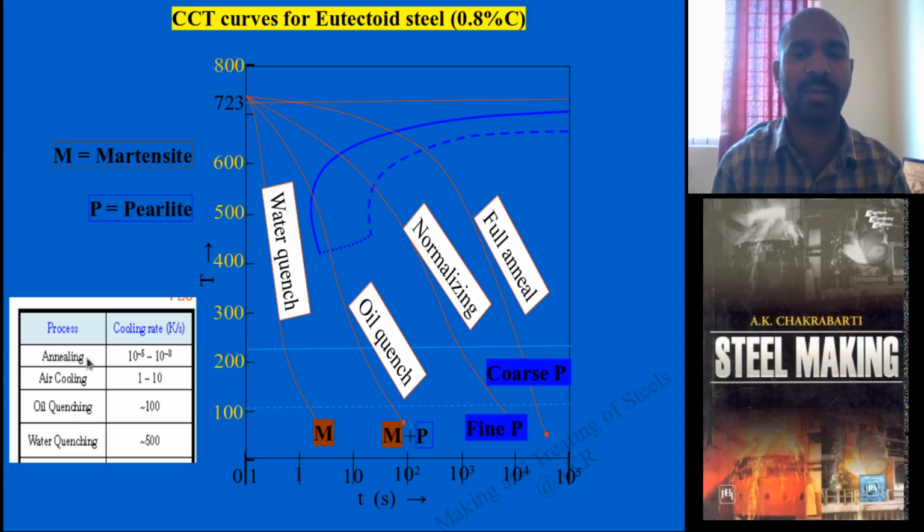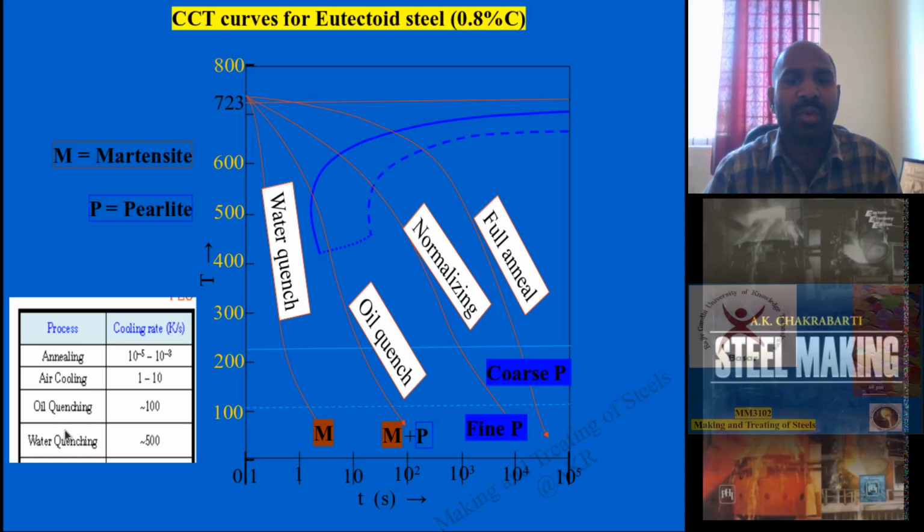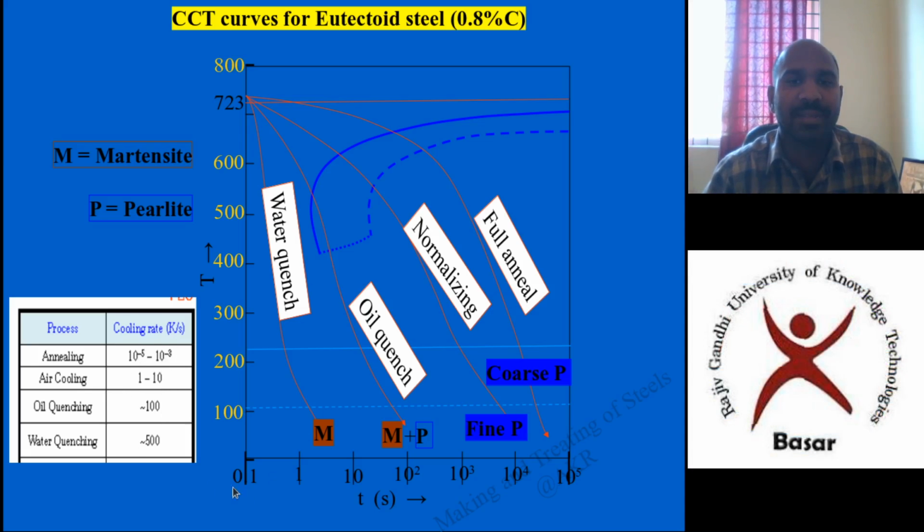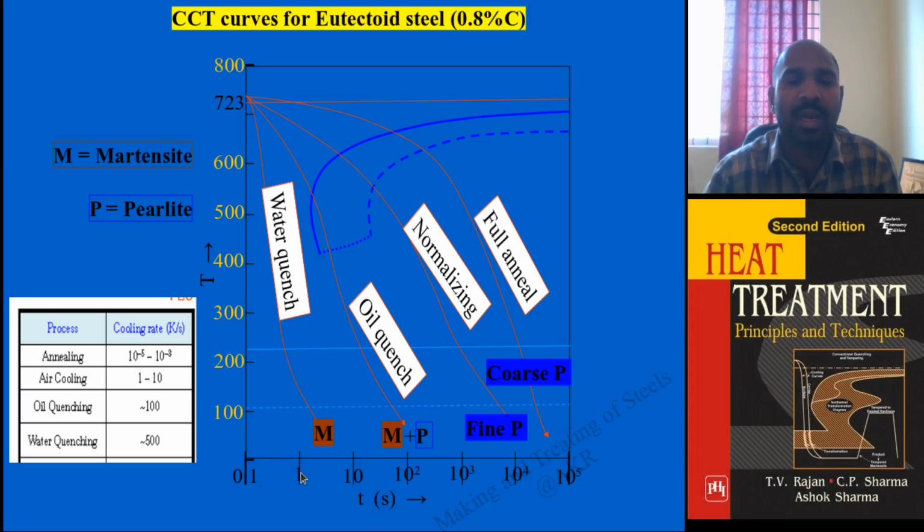It could be annealing, which is nothing but furnace cooling, air cooling, oil quenching, oil cooling, water quenching, water cooling. These standard cooling rates are achieved by an experimentally proven table, and this is the time. This is 10 to the power of minus 1. This is 10 to the power of 0. This is 10 to the power of 1. This is the time scale in seconds.